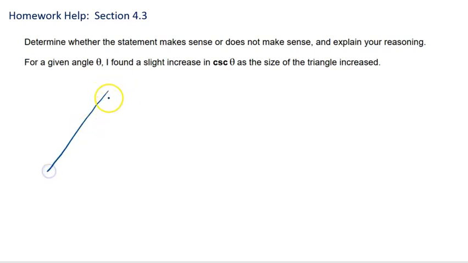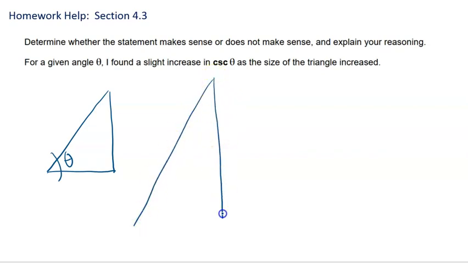So, I got a triangle, right? And I'm assuming this is the angle theta that they're talking about. Okay? Now, they're saying like the size of the whole triangle? Like if I give a bigger triangle, you think that's what they're talking about?